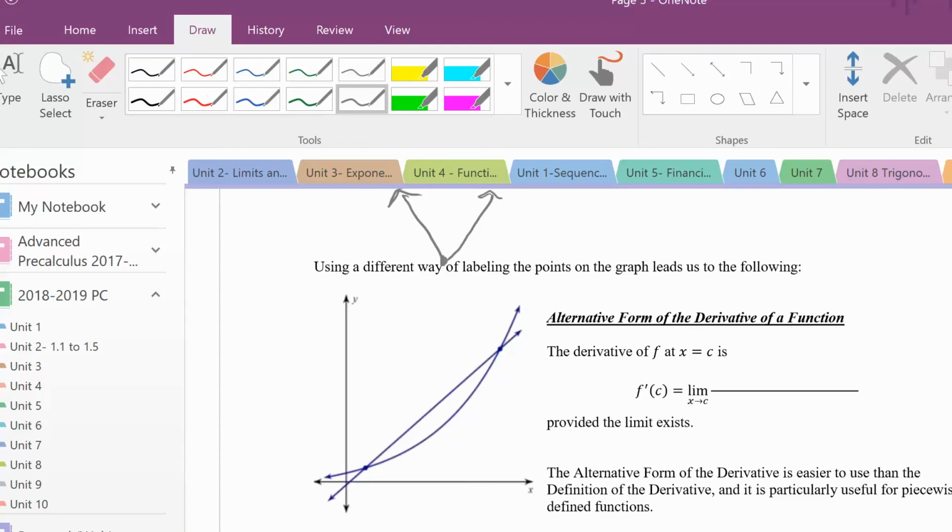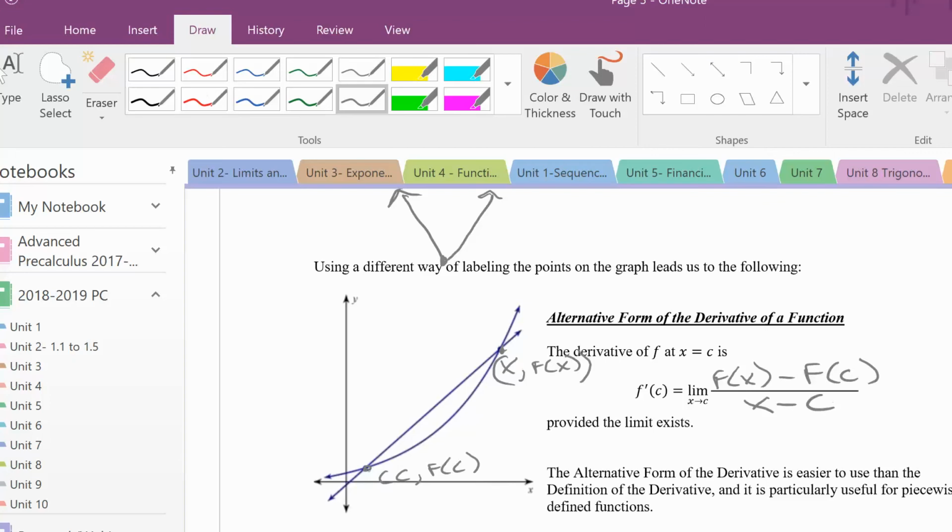So to find that at a certain point, let's say this is c and f of c, and then this is x and f of x. So the derivative is just f of x minus f of c over x minus c.